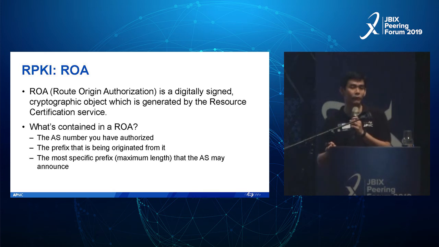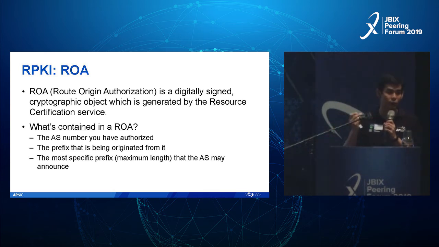So for example, if you want to register ROA for /22, you can specify the max length as a /24, meaning that you allow that AS number to announce your prefix up to a /24 level. So you have 1 /22, 2 /23, and 4 /24, 7 prefixes under that ROA.